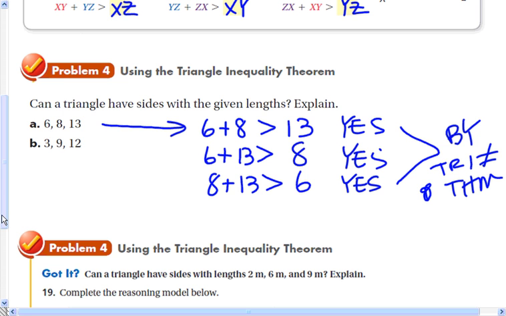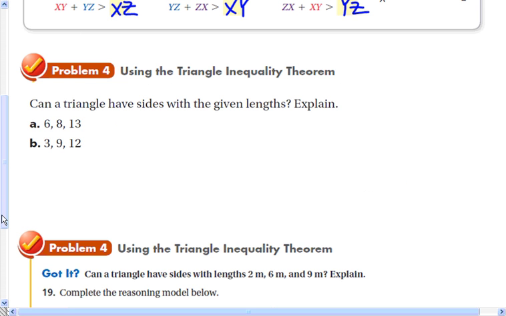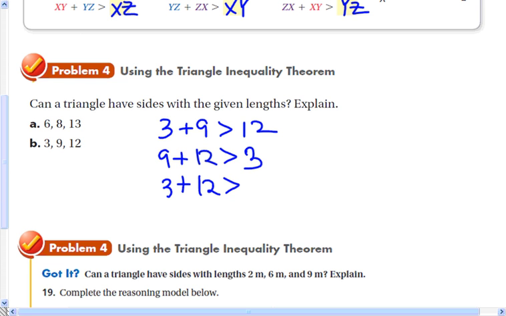What about the second set there? 3, 9, and 12. Well, again, we've got to check three things. We've got to make sure 3 plus 9 is greater than 12, 9 plus 12 is greater than 3, and also that 3 plus 12 is greater than 9.